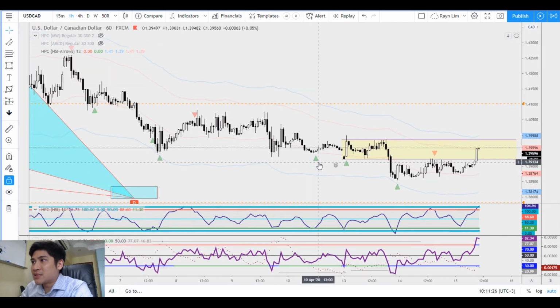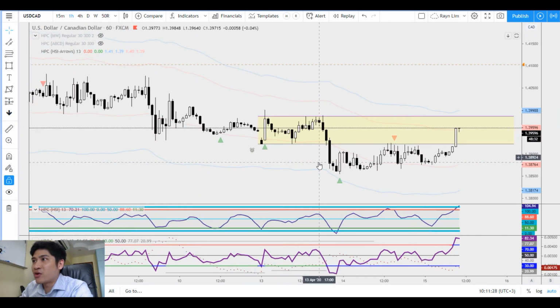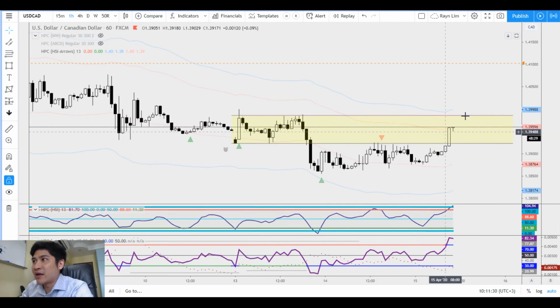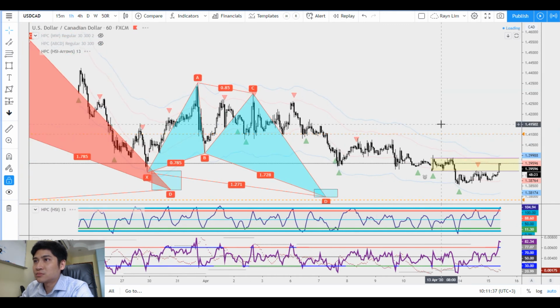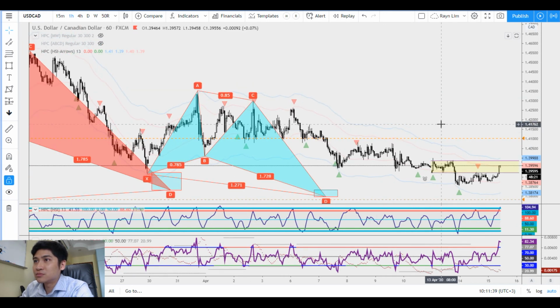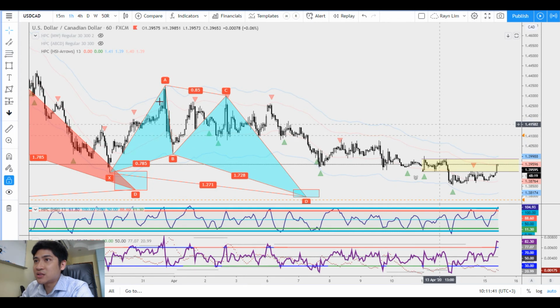All right, so sadly right now, over here, this is the area that I can wait for an aggressive selling opportunity. Let's see. I'm tracing the market to make sure.